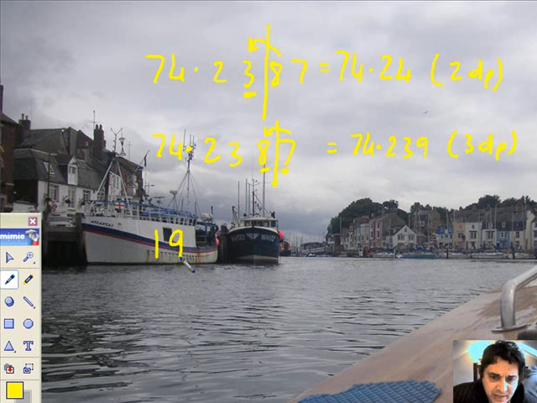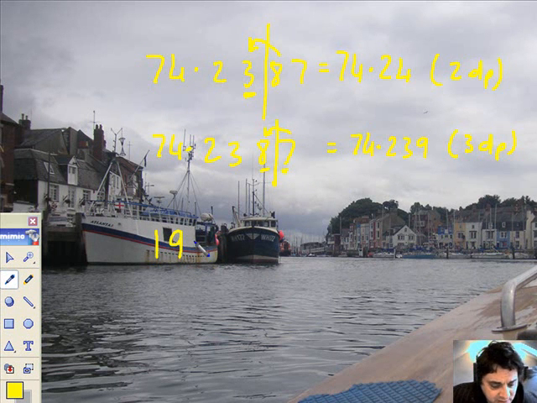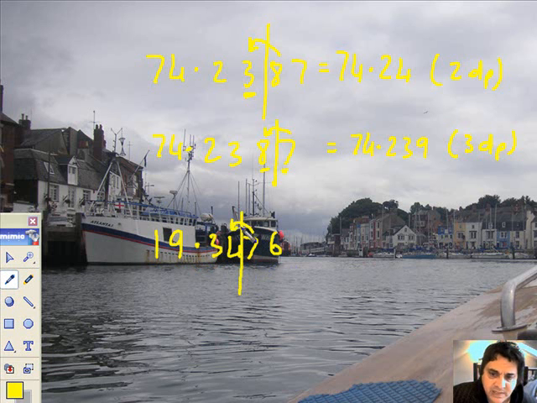I'll do 2DP and 3DP for this one. It's the last one. This is question 5, the 6th one. So 19.3476, 2 decimal places. 1, 2, chop. 7 pushes the 4 up to a 5. 19.35, 2DP.